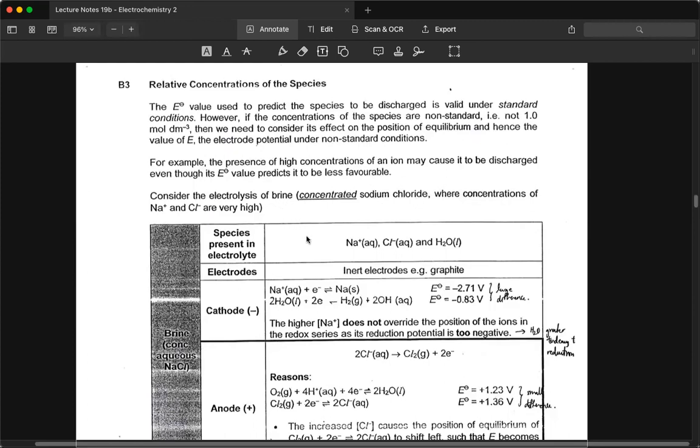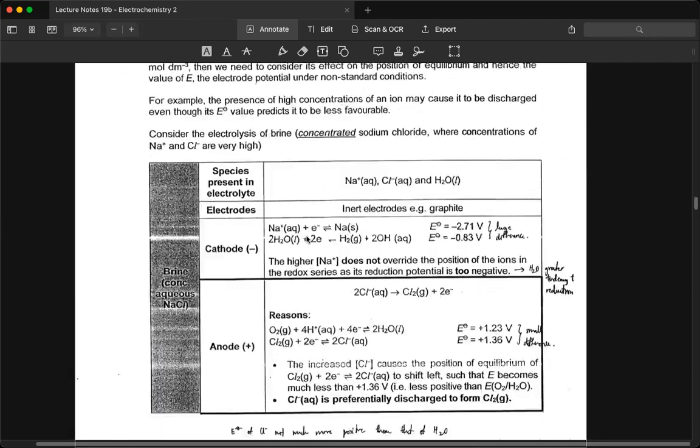Consider the electrolysis of brine, concentrated sodium chloride, where you have very high concentrations of sodium and chloride ions. At the cathode, even though sodium ion is of a higher concentration, it is not able to override the position of the ions in the redox series because the reduction potential is too negative. So water will still be reduced, not sodium ion.